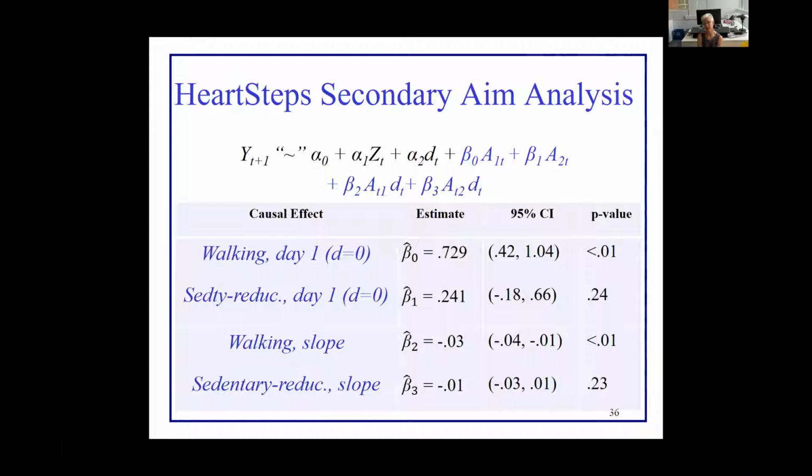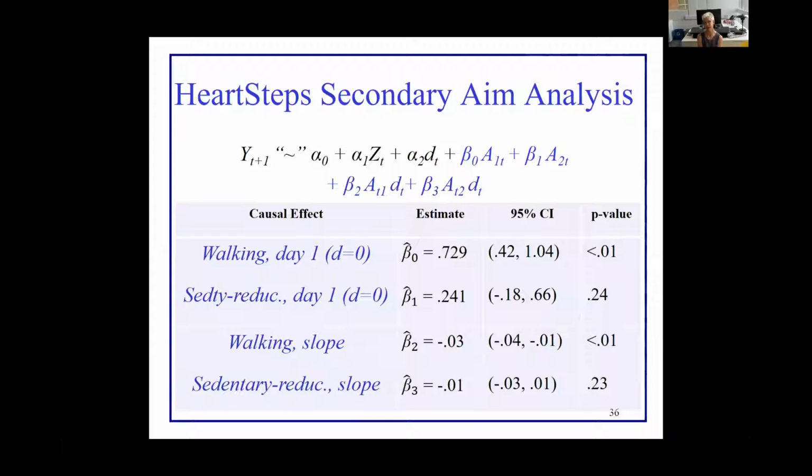There again, we see an initial effect of about 0.729. Now, what does that translate to? Remember, we're on the log scale, so 0.729, this is a really great effect. It's about a 107% increase, almost over a doubling of their steps early in the study if they get a message versus if they don't.